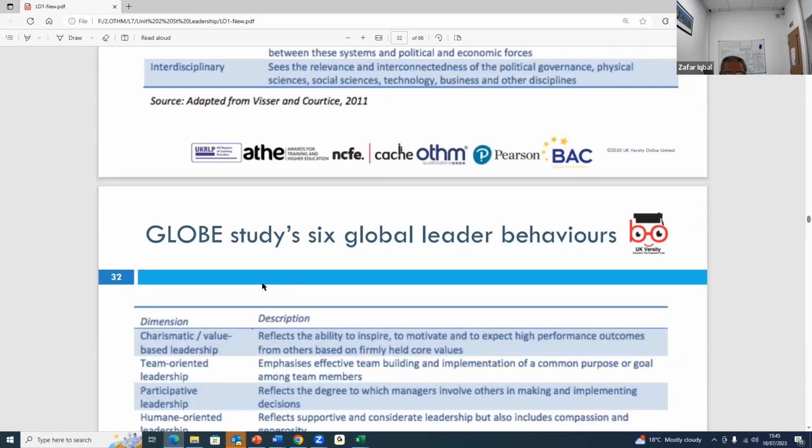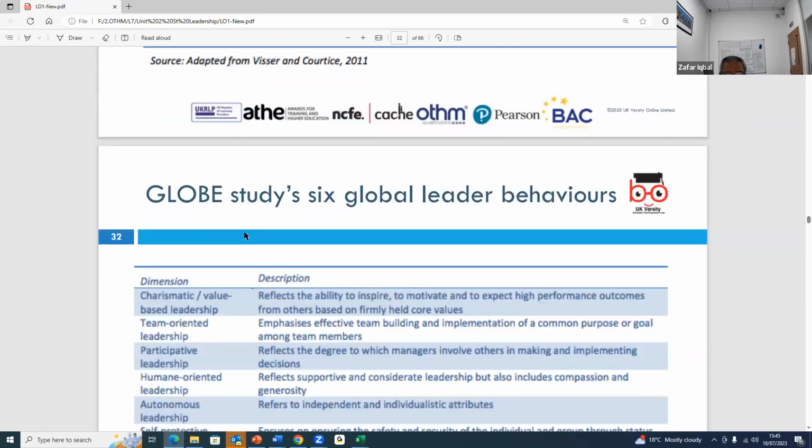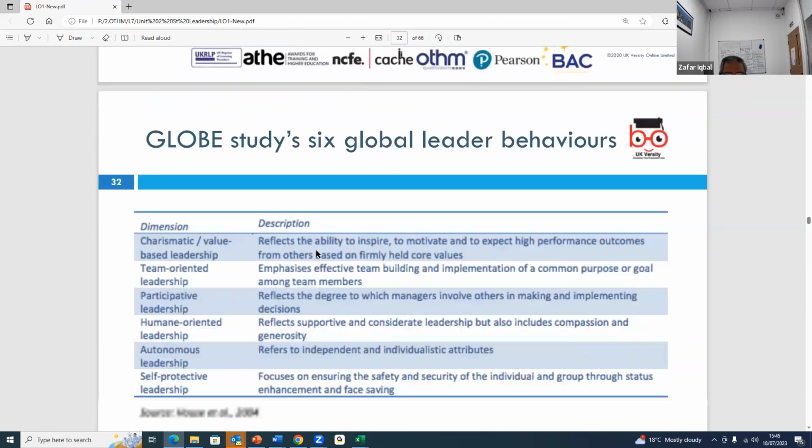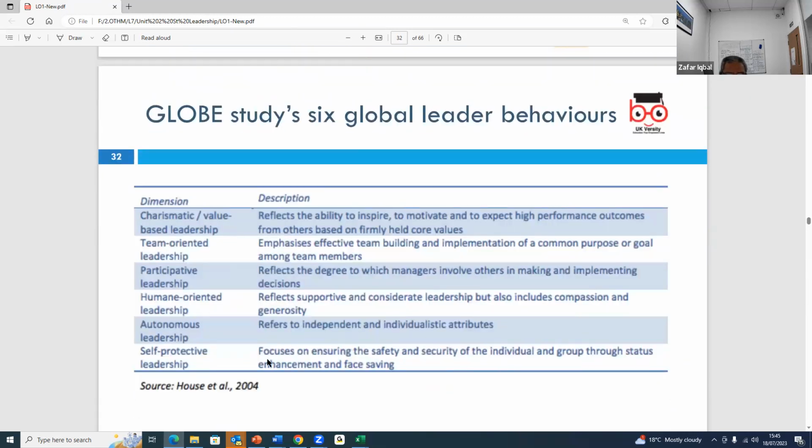If you look at this particular study, the GLOBE study, which studies global leadership behavior, there are 6 types of leadership behavior that describe leadership.